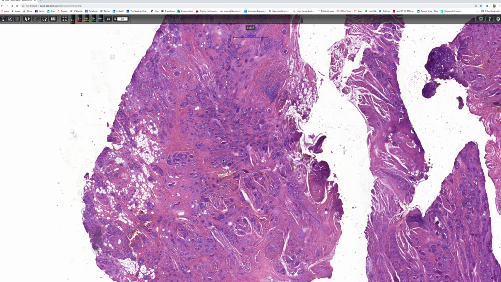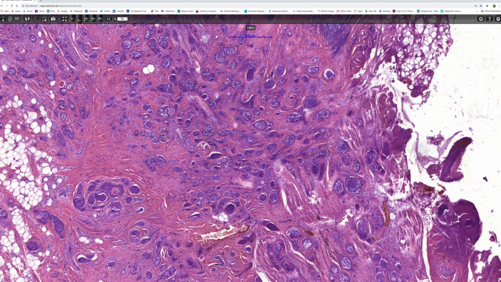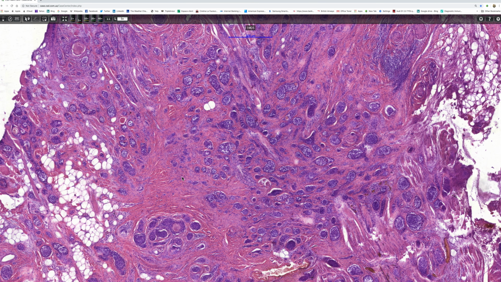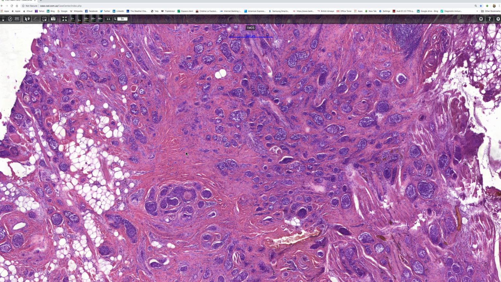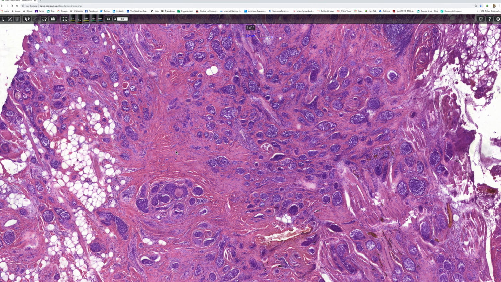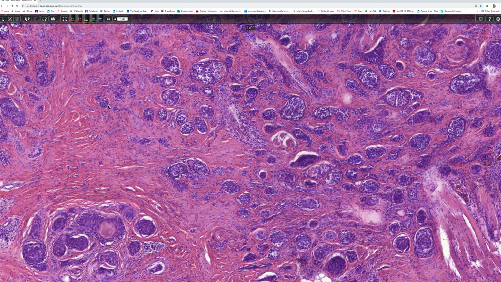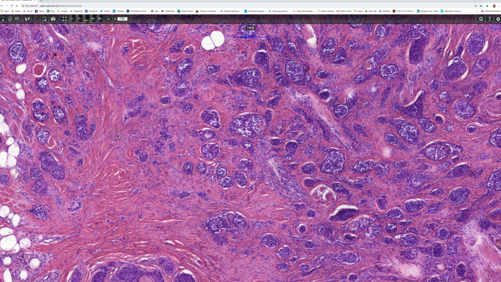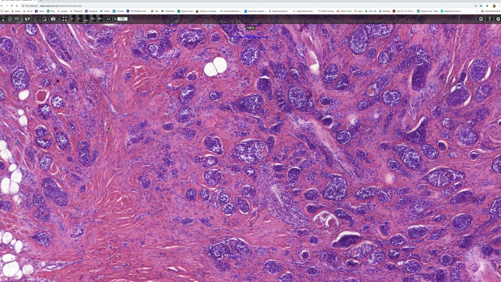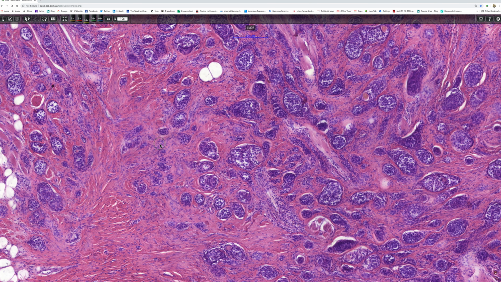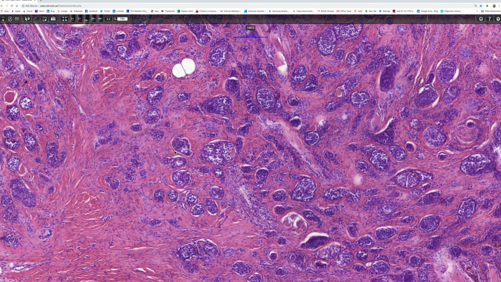I was struck by the basaloid component and the clear cell change, and I was wondering whether this might be a trichoblastic carcinoma, but I couldn't see any convincing stroma, or follicular type stroma, and so that made that diagnosis a little bit less than likely.